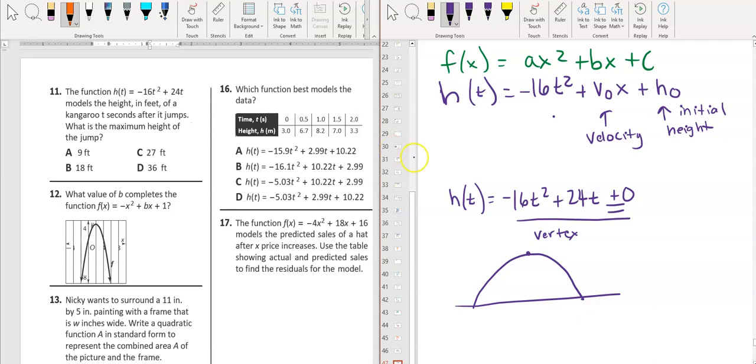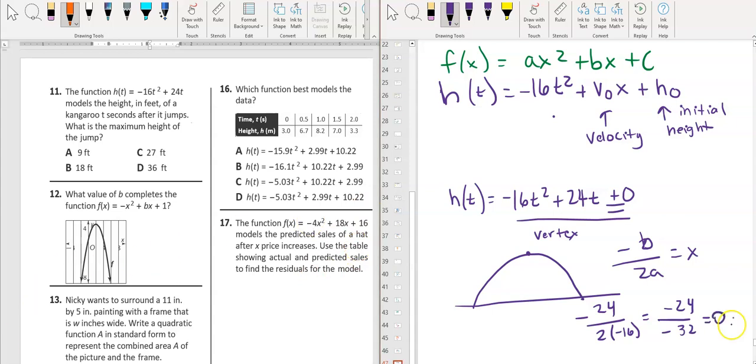So if this is my formula in standard form, give me the vertex. All I have to do is negative b over 2a to find x, and then plug in to find y. So I'm going to do negative 24 over 2 times negative 16. That gets me negative 24 over negative 32, which is kind of a funky number, so let me calculate.